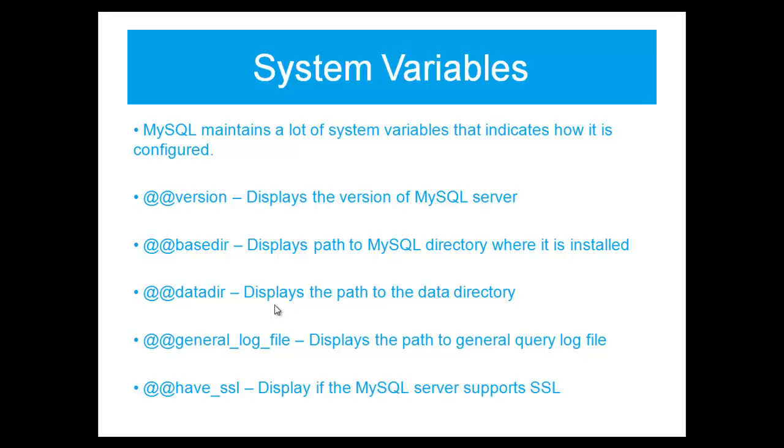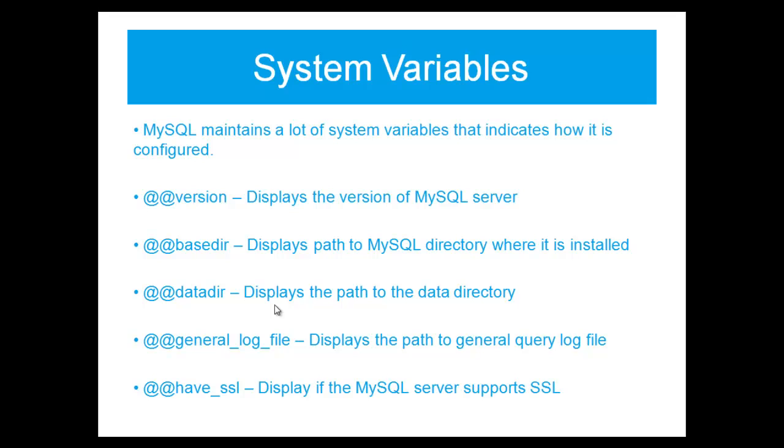And the log file. Pen testers are really excited and always look for the log files. So the log file is at general_log_file, and you can get the path of the general log file here. Next, I think this variable is quite interesting: have_ssl.